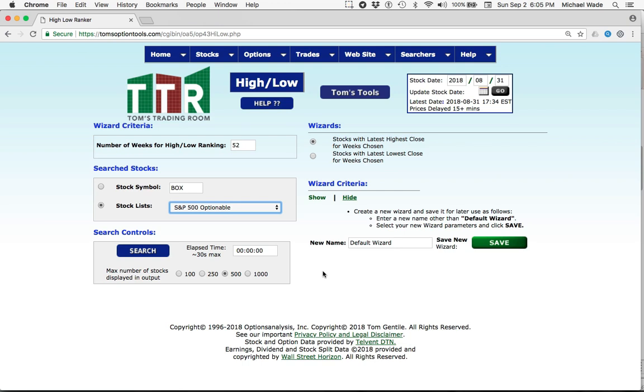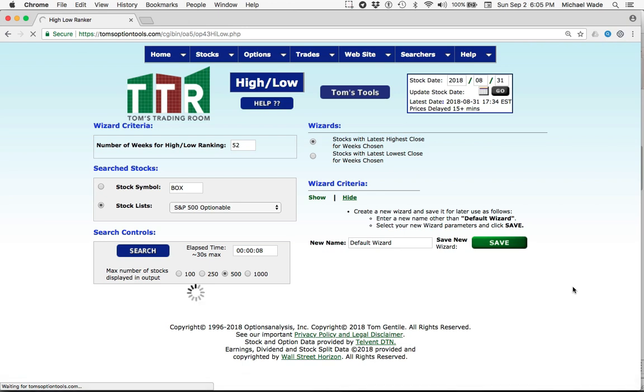We'll further increase our probabilities here in just a minute when I show you how to do some basic technical analysis. All right, so this scanner is one of the easiest scanners in Tom's Tools. It's extraordinarily powerful, popular, and fast. So I'm going to go ahead and click the search button on the S&P 500, and let's see what comes back, and I'll walk you through the results here in just a sec.